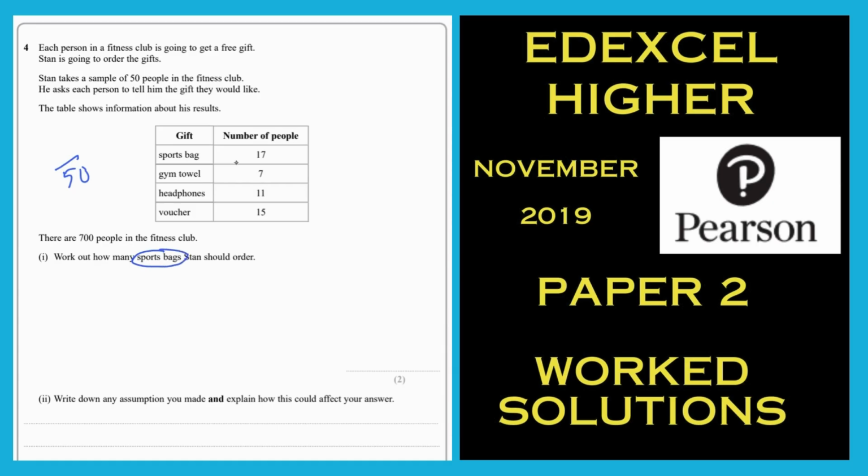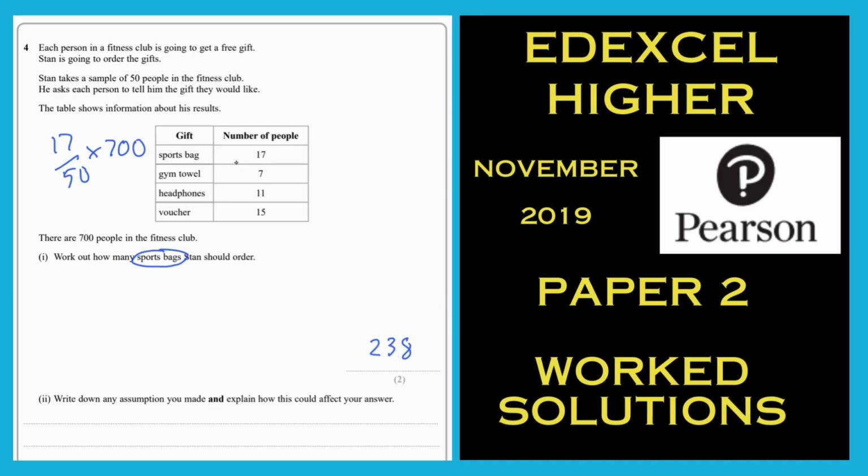So it's sports bag. That's the fraction in Stan's sample who said sports bags, and of means times the 700 people. Again, reach for the calc. That means 238 people.